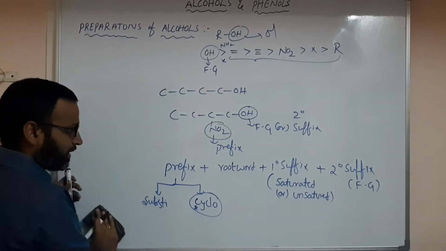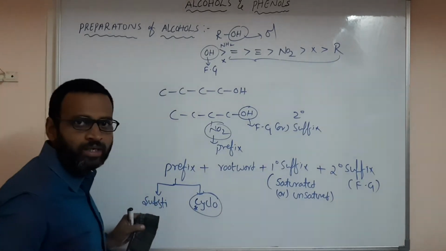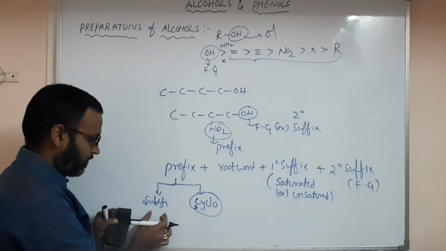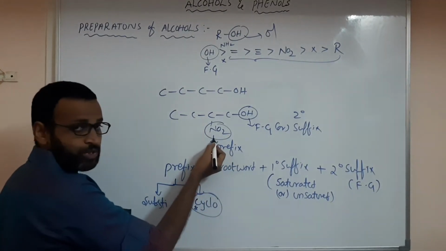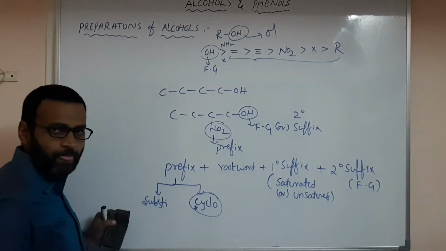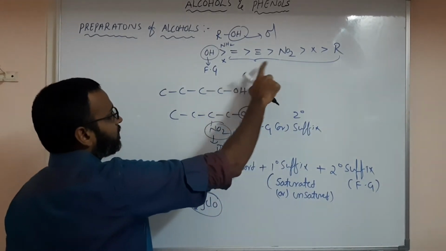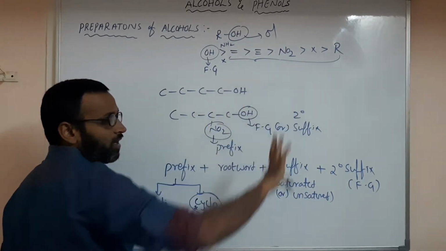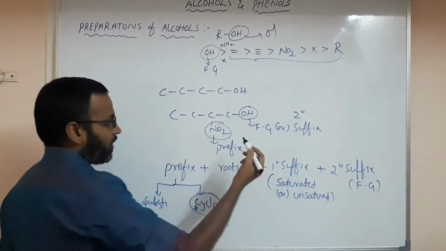So I am simply giving how to give the nomenclature of alcohols. First, prefixes of two types are used for substituents, like NO2 substituent, for which we use nitro. NO2 you have and OH you have, so OH is the functional group and the rest are all substituents.